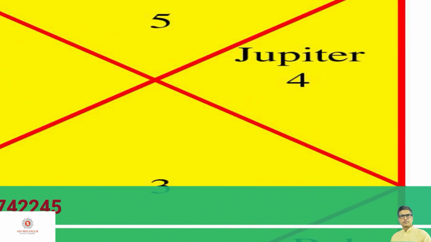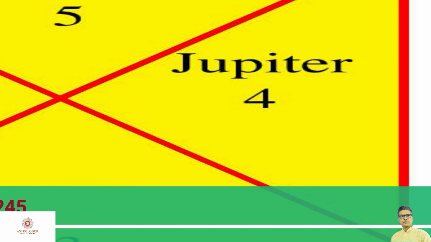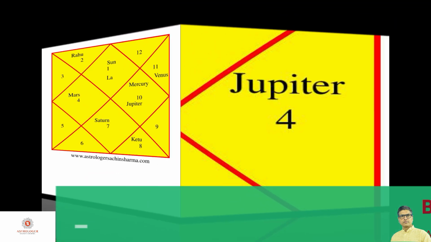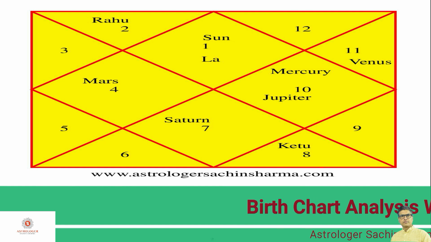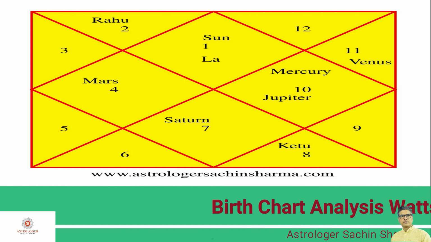Hence we can say the lord of the 11th house of this birth chart is Moon. Let us take another example here. Here we can see the 4th house. In the 4th house number 4 is written and hence lord of the 4th house is Moon here.